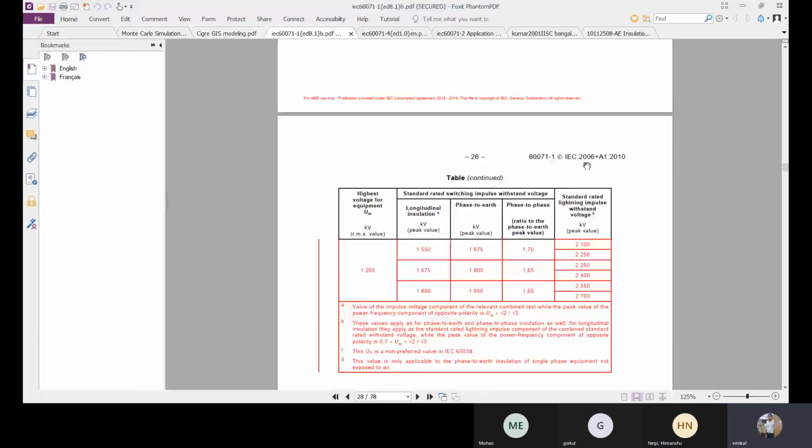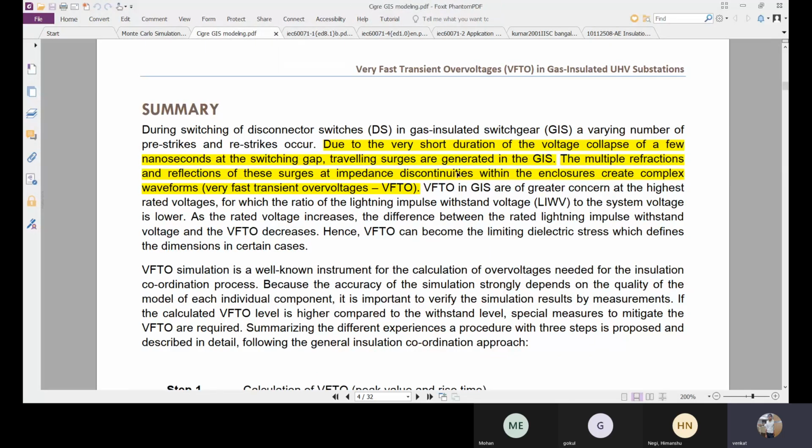This is what happens when we go above a certain amount of voltage. If you go further towards greater voltages, the ratio between the rated voltage and the lightning and switching impulse voltage will be getting decreased. Whenever this action is performed in GAS, the ratio is getting decreased.